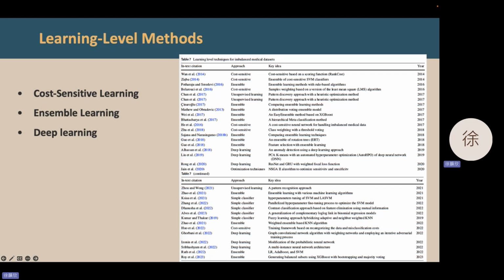Table 7 introduces techniques that address class imbalance from the learning algorithm level instead of directly modifying the data. These methods adjust the way machine learning models learn so that they can perform better when dealing with imbalanced data. The table lists many different studies and the approach they used, including cost-sensitive learning.